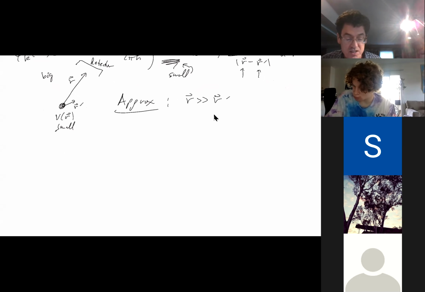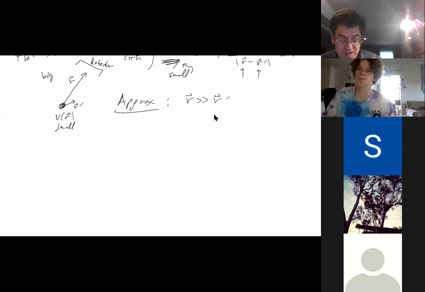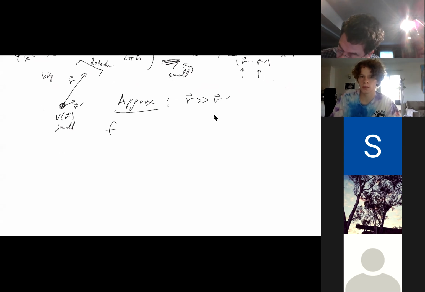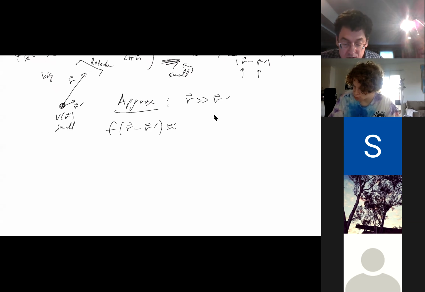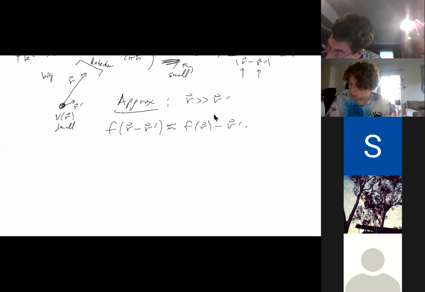In this approximation, when r is way bigger than r prime, we can say that if I have a function f of r minus r prime, then this is approximately equal to f of r minus r prime dot gradient of f of r.